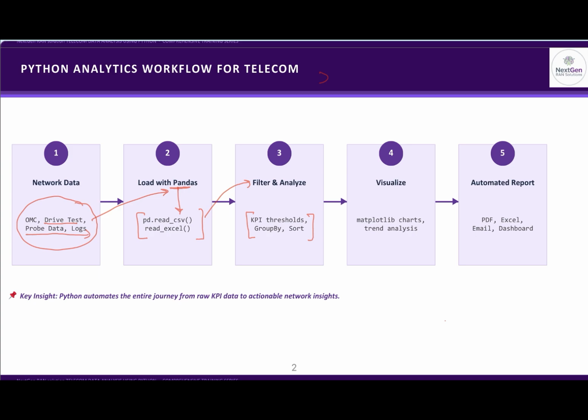Then once we analyze and filter the data, we are going to analyze it visually. We are going to plot using multiple libraries during our session. Once all the things are done, we are going to export the data in the form of PDF or Excel. Or if you want to send an automatic mail, we are also going to discuss that.